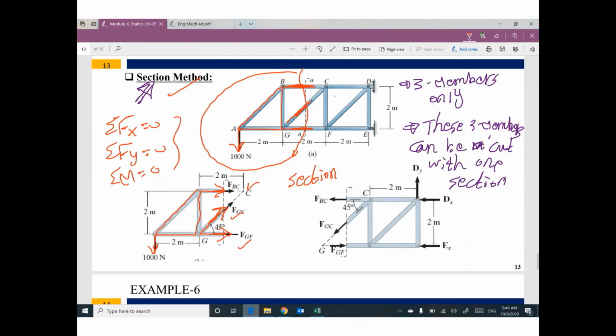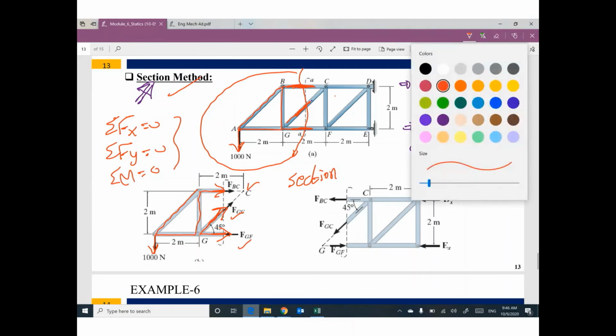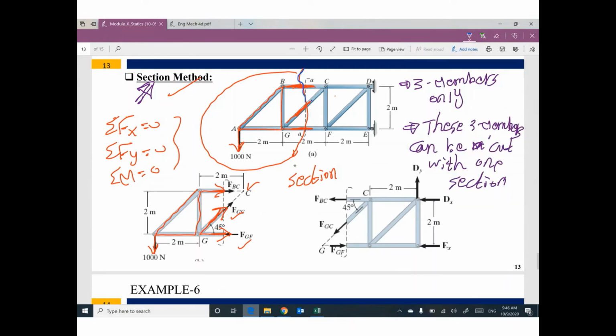Or you have another option to make your cut and use the right part. It's up to you. Both of them work. If you decide to use the right part, these members are without a cut, so please put them as they are.